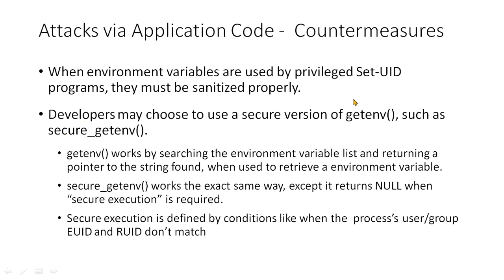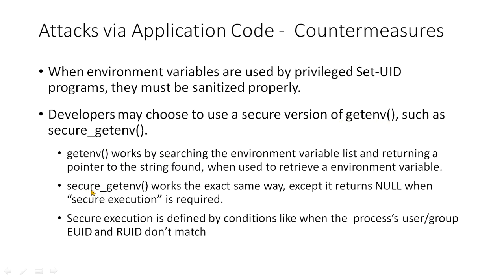So when we run the original getenv, you see, it searches for the environment variable and returns the string value of the environment variable. So we can get any environment variable returned by getenv.